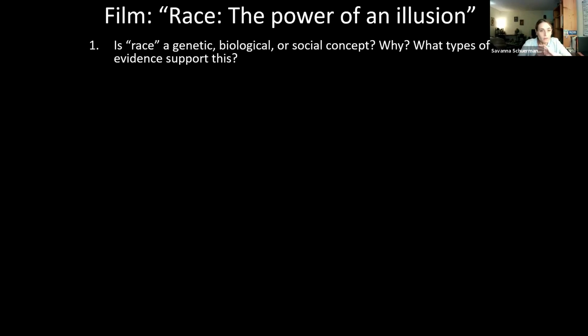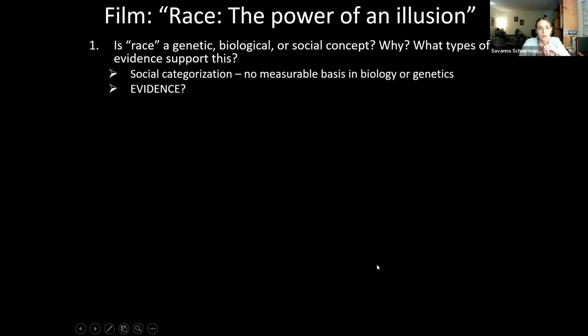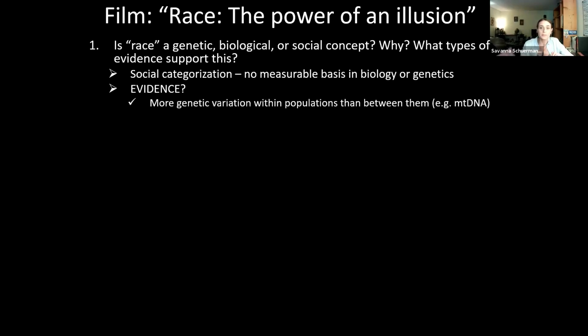Okay, so from the film, just a few pieces of evidence. If race was biological, based in genetics, then we would expect there to be more genetic variation between any two so-called racial populations rather than within any so-called racial population. But what you find if you look at the genetics is the exact opposite. There's more genetic variation within populations rather than between so-called different racial populations.